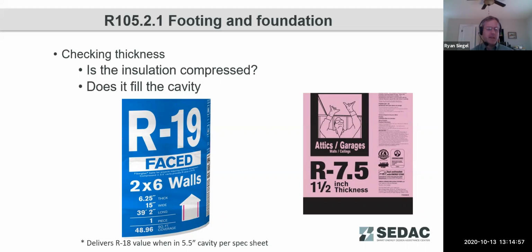However, that's not to say they can't be compressed. And one of the big issues here is if we do have insulation that is not an air barrier and is air permeable, the insulation rating is only maximally effective when it's bounded on all 6 sides.